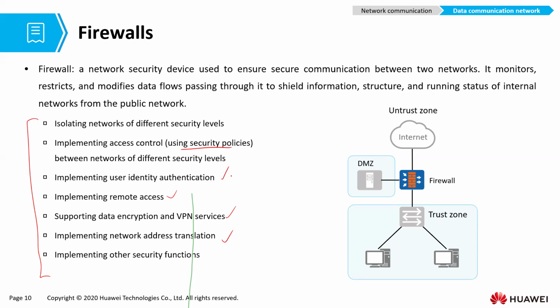User identity authentication, AAA services, access control, isolating networks of different security levels. That's our firewall. If the switch is like the number 10 in the team, the firewall is the goalkeeper, keeping goals out of the net. Security.